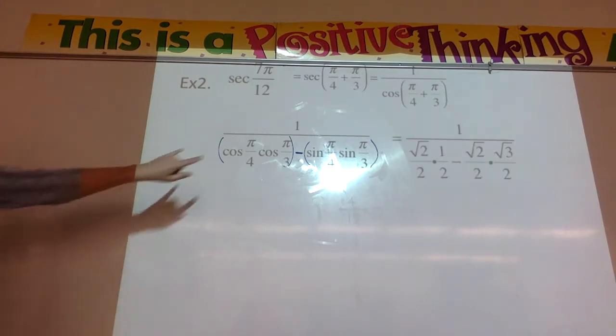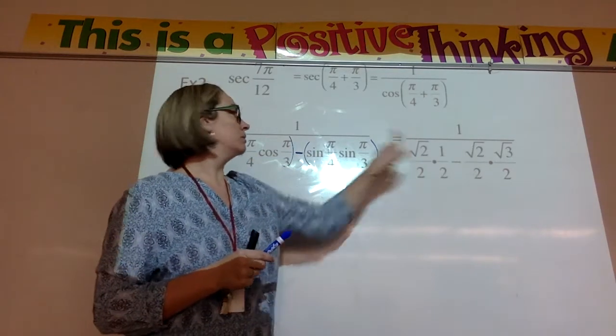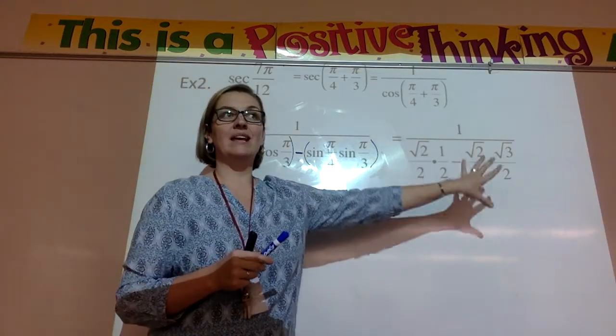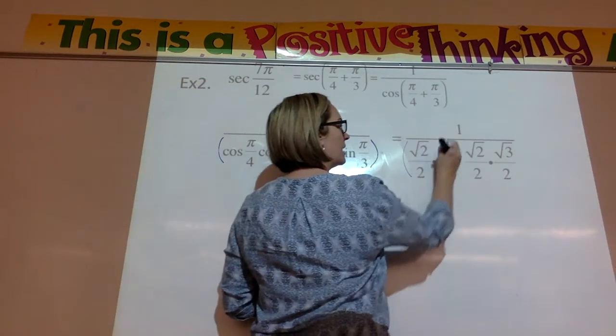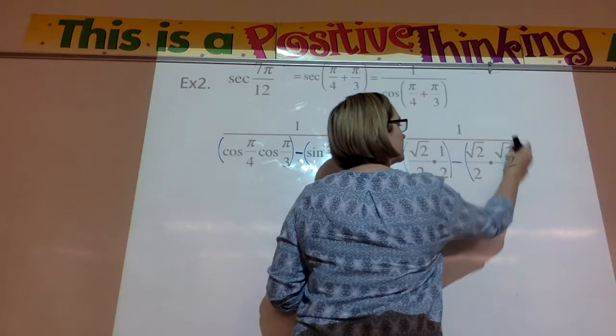All right. The cosine of pi over 4 is root 2, all this. I'm rewriting exactly what's here using the actual numbers. Again, we have this product minus a product.